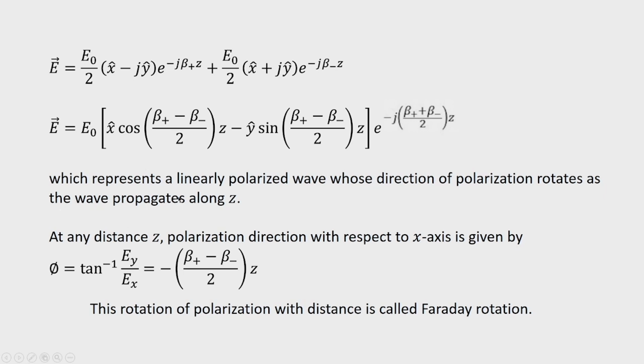And this represents a linearly polarized wave whose direction of polarization, we will see, rotates as the wave propagates along z. Now, the angle phi, which represents the direction of polarization with respect to the x axis, is given by tan inverse E y by E x, and this will be minus (beta plus minus beta minus) by 2 z.